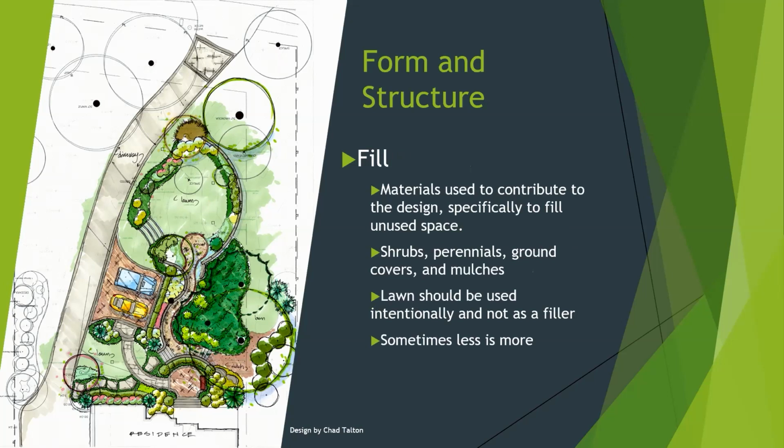So you have the rest of your space that you need to do something with. So you use a filler plant. And these typically are shrubs, perennials. They tend to be a little lower growing. Ground covers, even mulches. Work well. Don't be afraid to leave bare soil also.